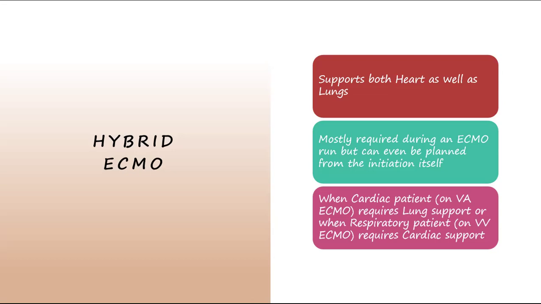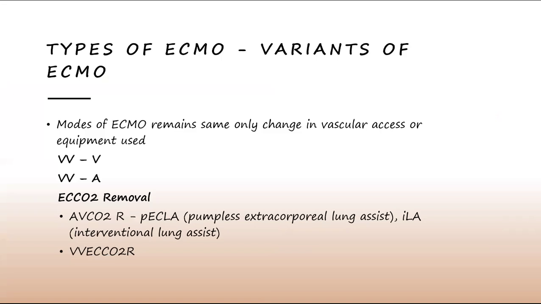If the patient is completely devoid of cardiac and respiratory function, you can directly start with a hybrid mode of ECMO; that is also indicated. If the patient is relatively stable with a single organ failure, start with one modality of ECMO, and if they land in complications, convert to hybrid ECMO. Like the example I quoted, whenever a cardiac patient on VA ECMO requires lung support, or a respiratory patient requires cardiac support, hybrid ECMO is initiated.